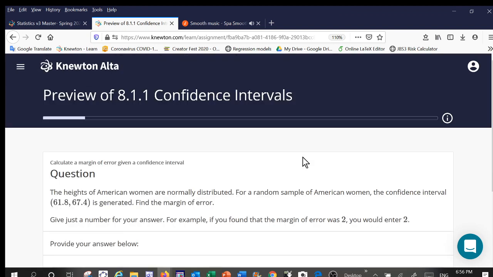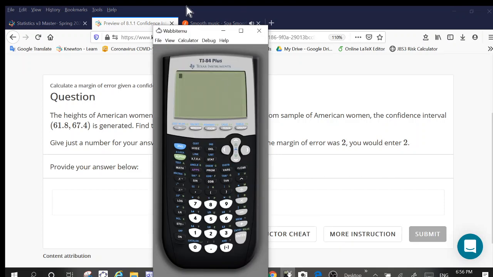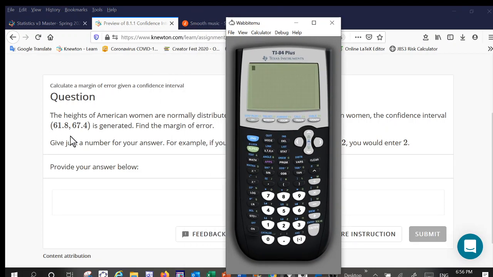All right, it says the heights of American women are normally distributed for a random sample of American women. The confidence interval is generated. Find the margin of error. Okay, well, we talked about this. Margin of error would be the difference between these two divided by 2.